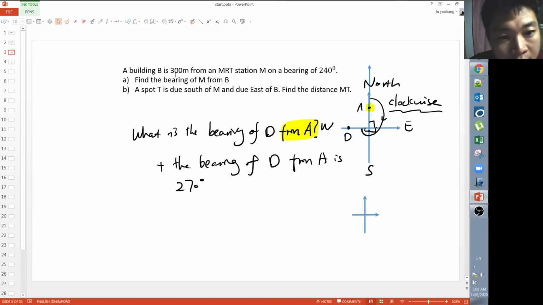A building B is 300 meters from an MRT station M on a bearing.